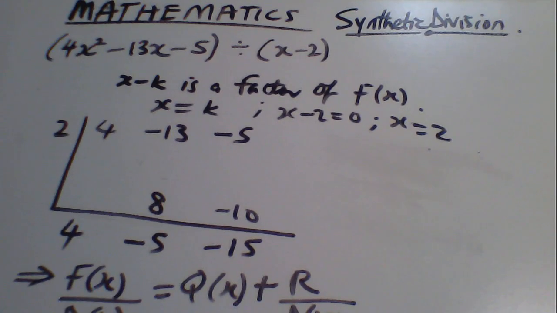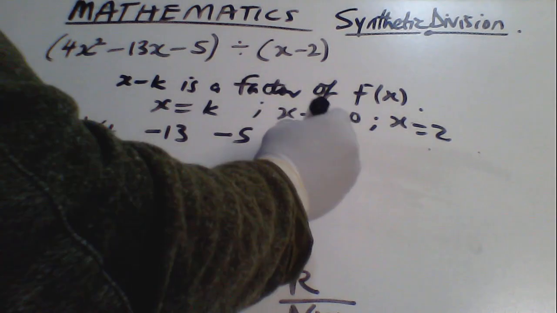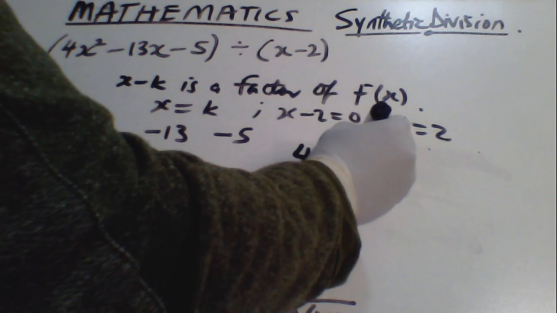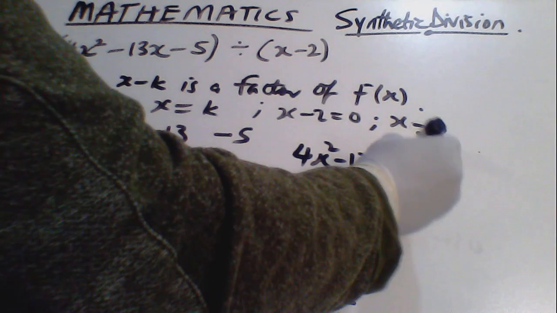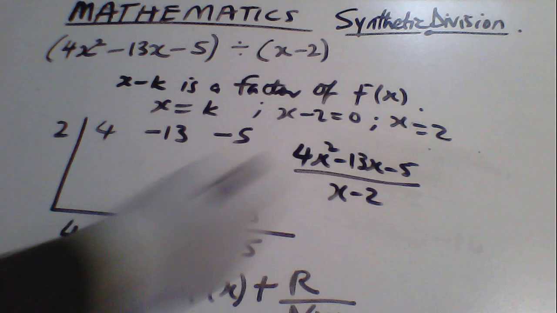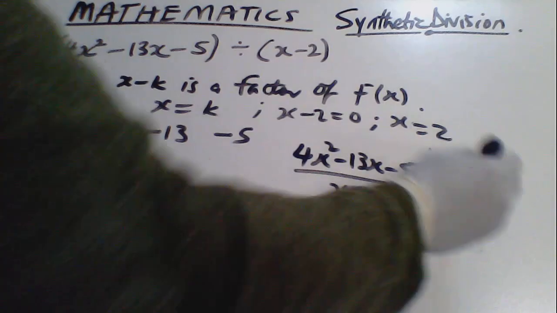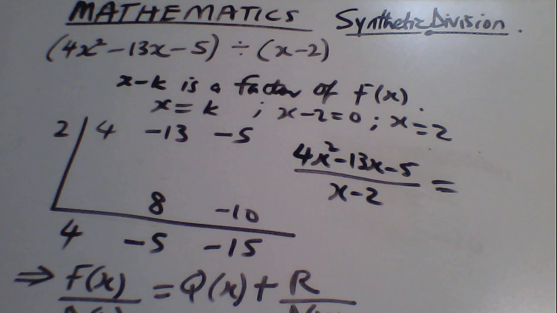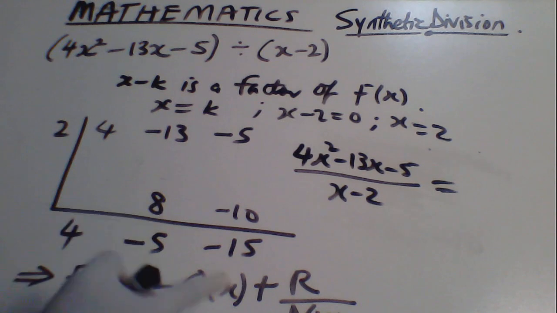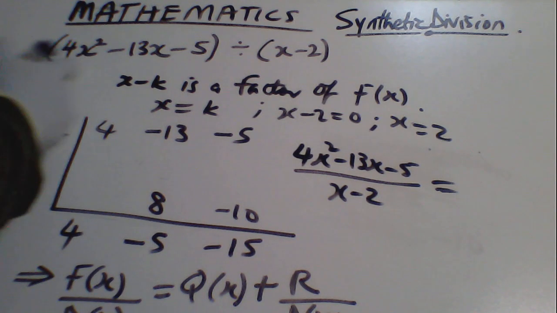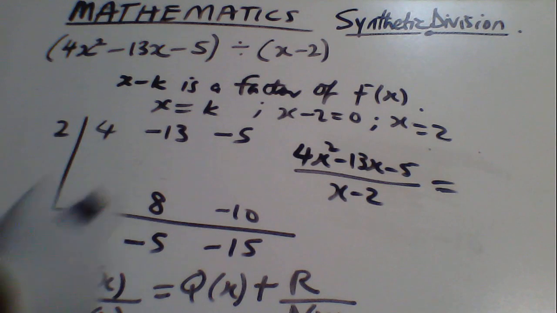So from here, the polynomial 4x squared minus 13x minus 5 divided by x minus 2 is equal to the quotient. In this case, look at step 4. The highest degree of the leading term in the quotient must be 1 less than the highest degree of f of x, based on the result you got.